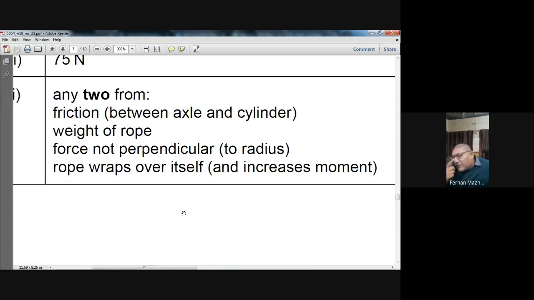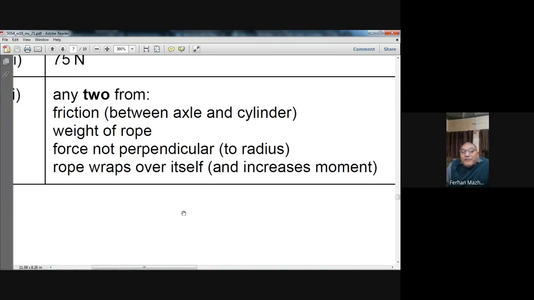The third point is that the force you applied may not be perpendicular to the radius. If the force you apply on something which is rotating is not perpendicular to the radius, what happens?